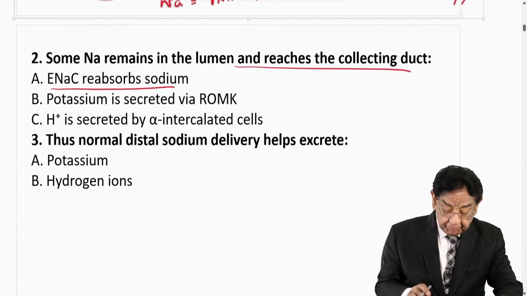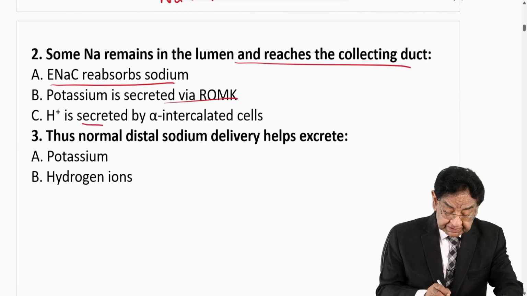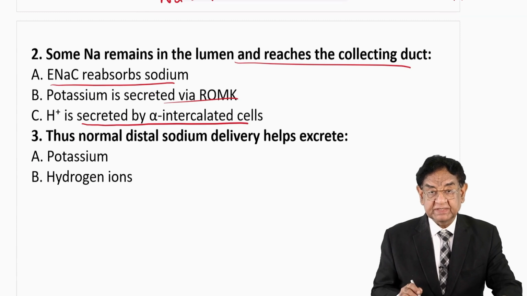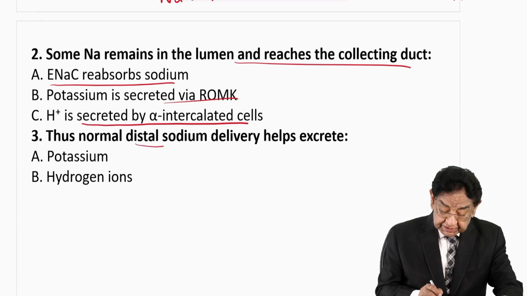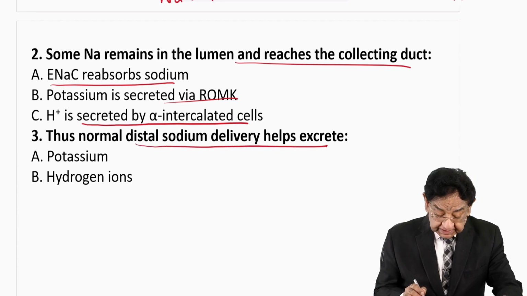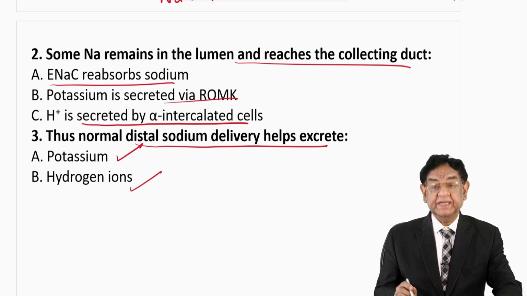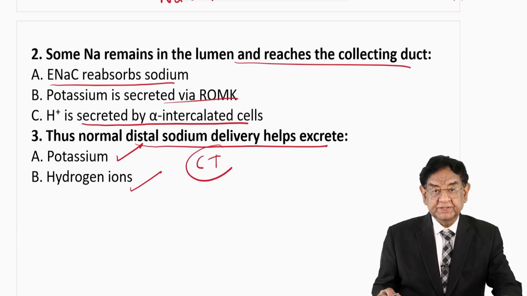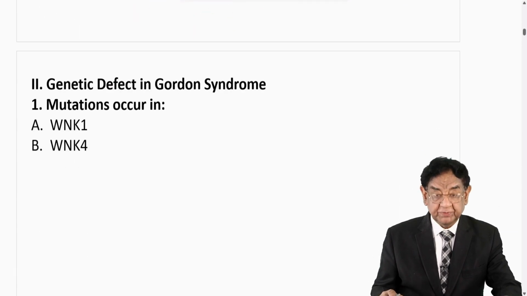Potassium is secreted by ROMK, I told you, and H ion is secreted by the alpha intercalated cell, the point I discussed in the previous slide. So normal distal sodium delivery excretes potassium and H ion in the collecting tubule. This is normal physiology. Now let us see what happened in Gordon syndrome.